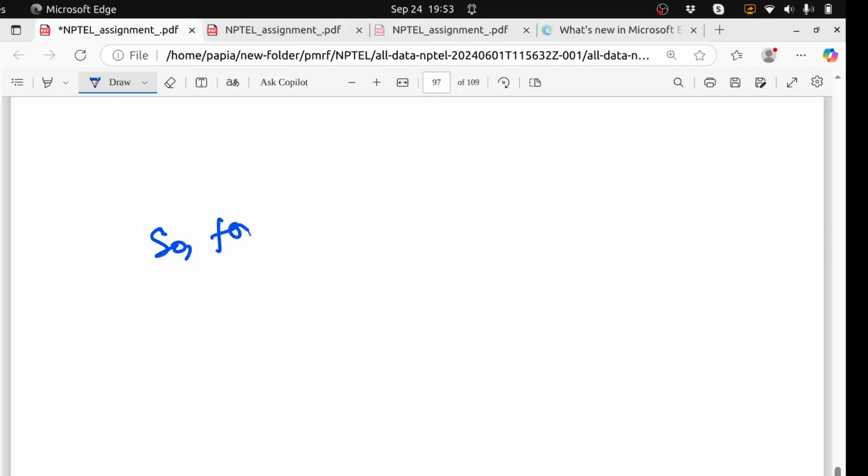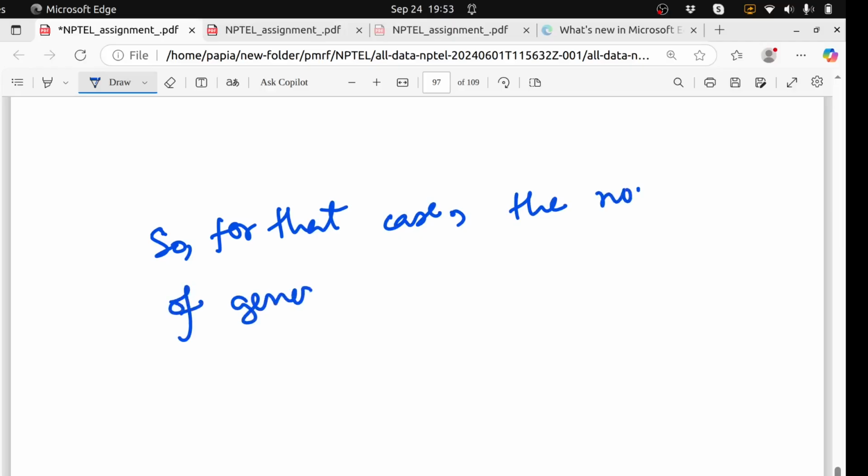For that case, the number of generalized coordinates is 2.